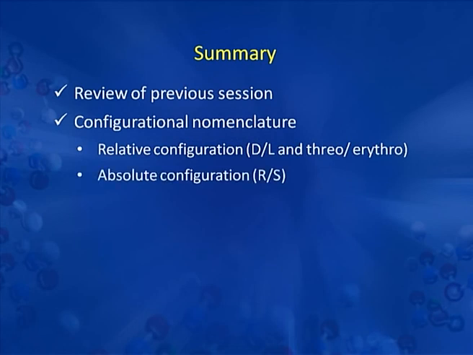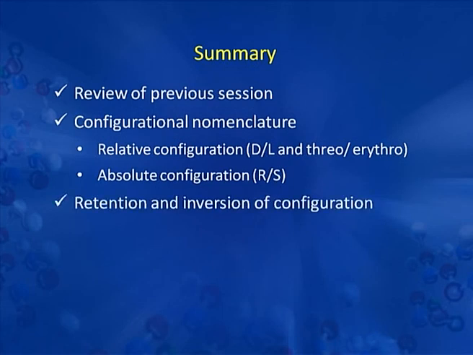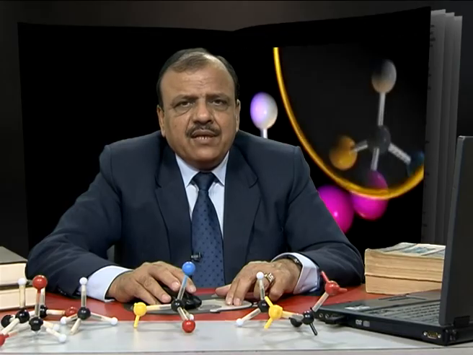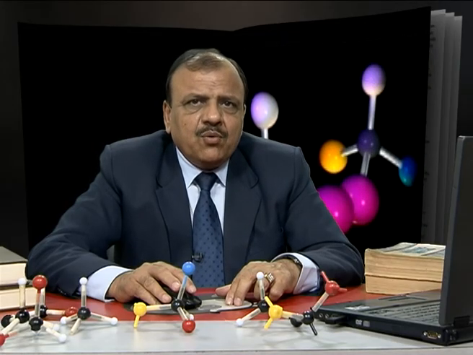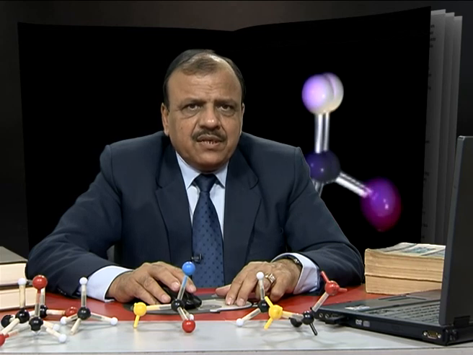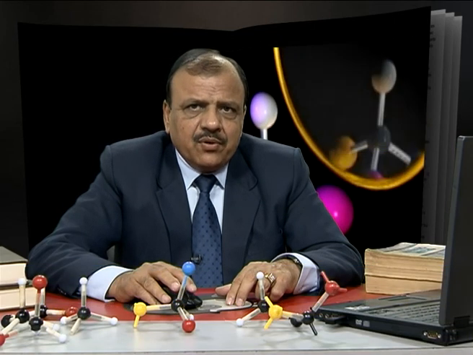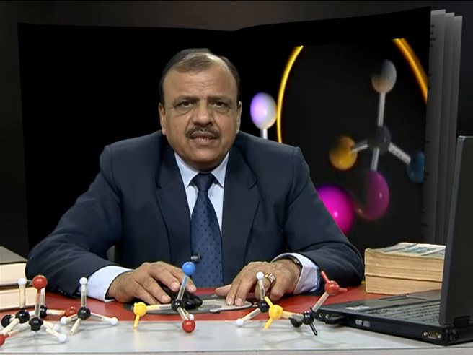Another is absolute configuration, represented by R and S. We discussed some terms: retention, inversion, racemization, and then we discussed the methods which are used for separation of a racemic mixture. Now, in our next session, we will talk about conformations. We discussed earlier that conformations are the different relative arrangements which are obtained by rotation across single bonds. So, we will be talking about this in our next session.